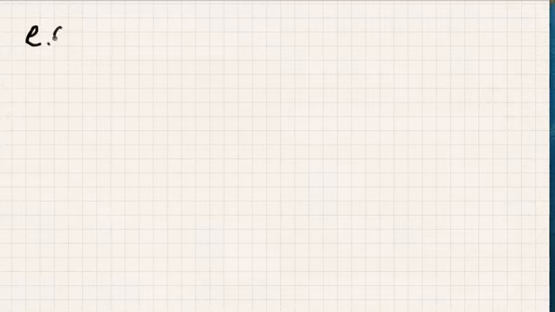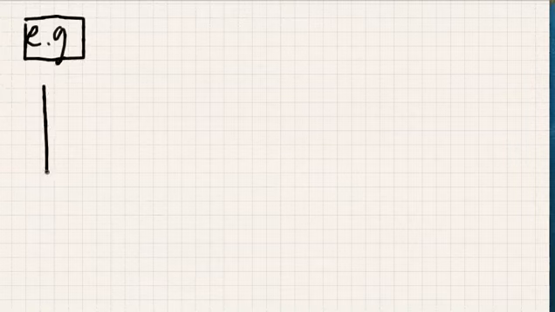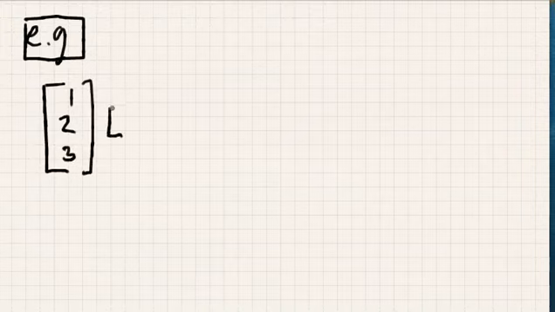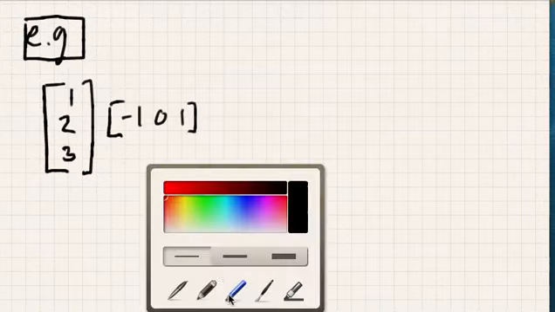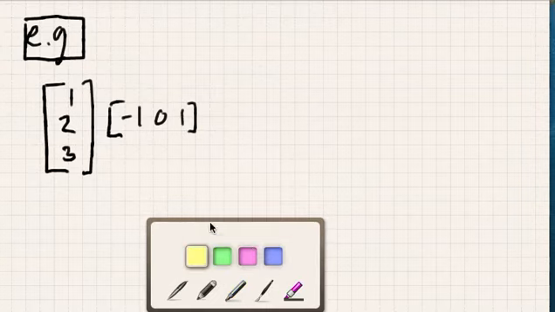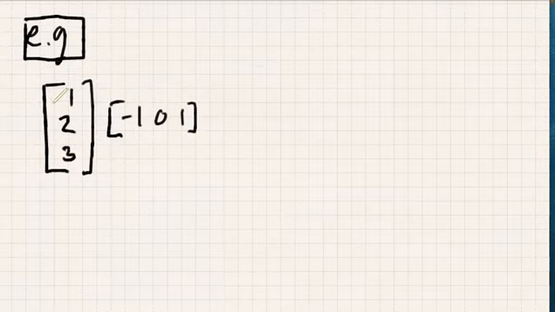Let's do it by example. Let me take the matrix 1, 2, 3 and multiply that against the matrix, let's say, -1, 0, 1. What we're going to do is multiply the first entry of the row matrix of, excuse me, I've got this backwards.